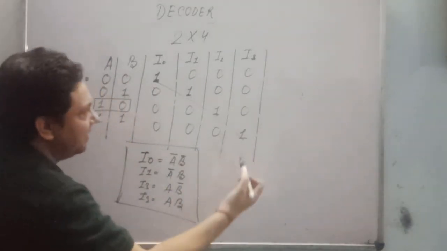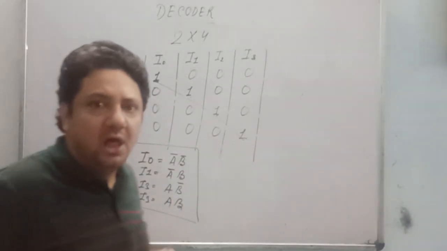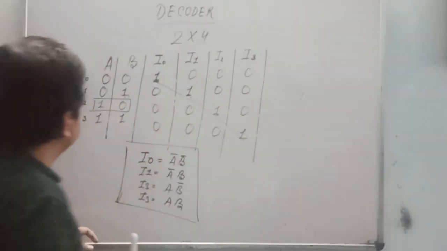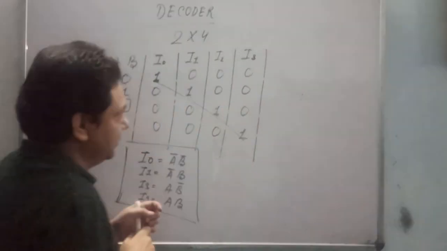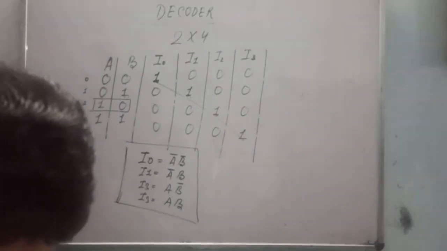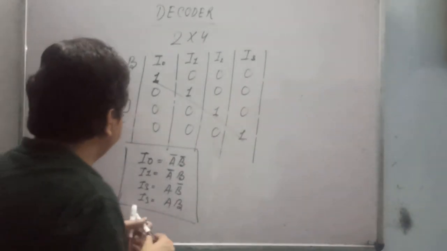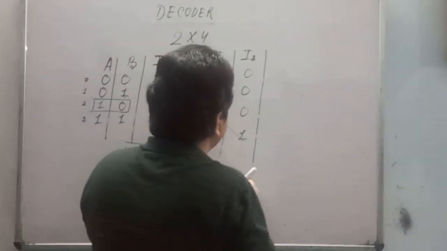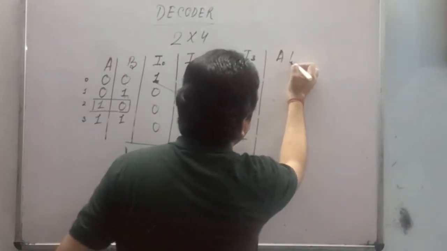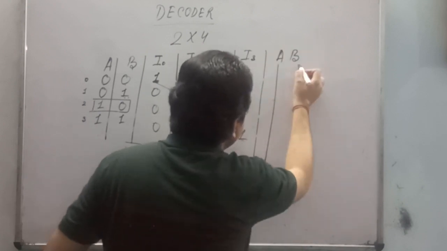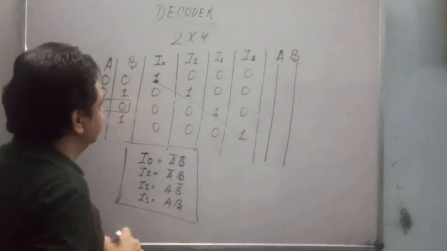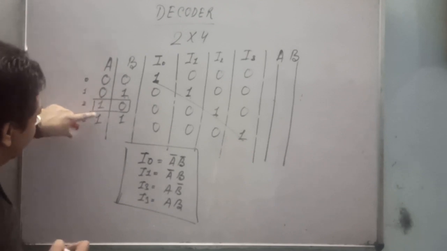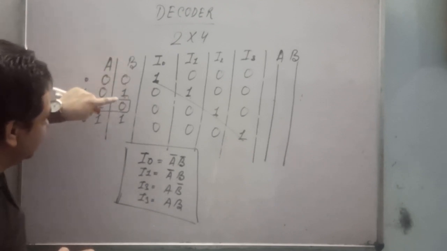Now finally we are in a position to construct the logic gate. So for constructing the logic gate, in this area I am going to construct. See, A and B are the inputs. Okay, fine. So I am taking A and B. These are the input lines, and you can see that in A there are some zeros and some 1s. In B there are also some zeros and 1s.